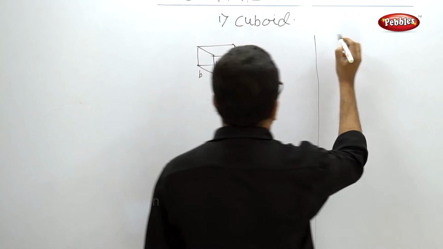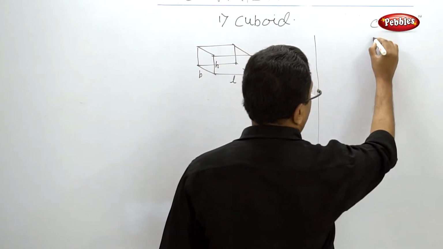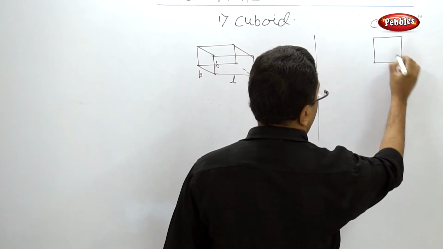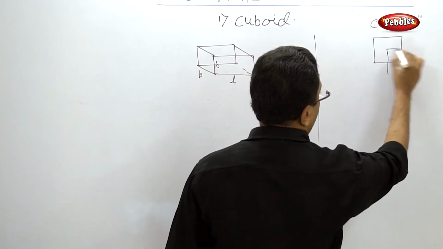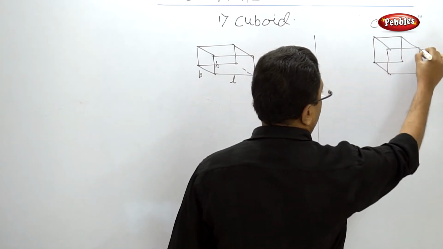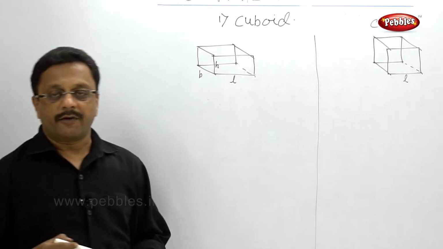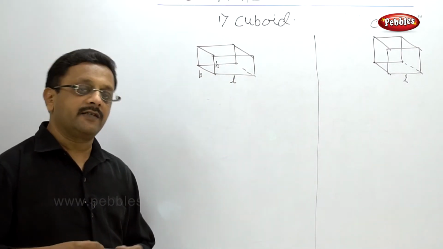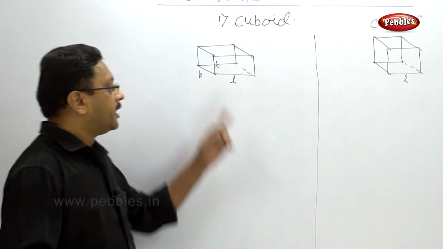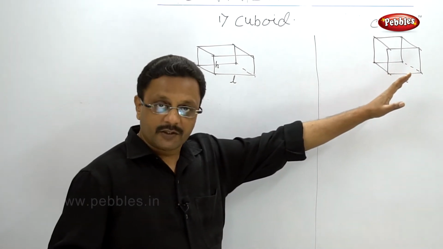Whereas we have a cube, which has the length only. All the sides are equal. It has the square faces.